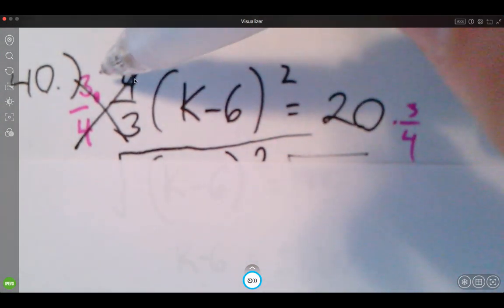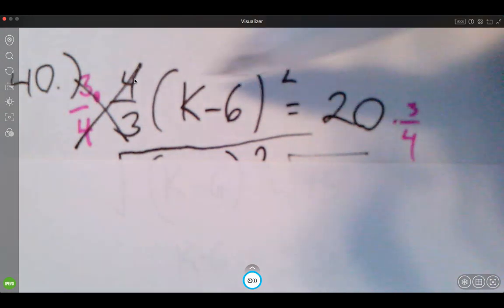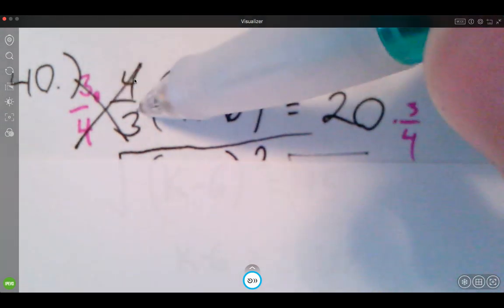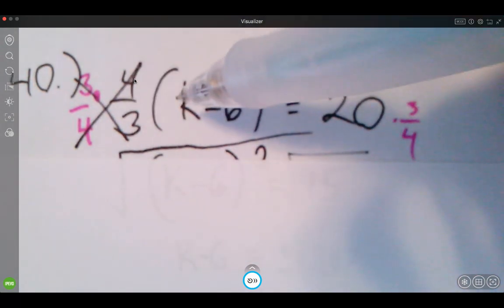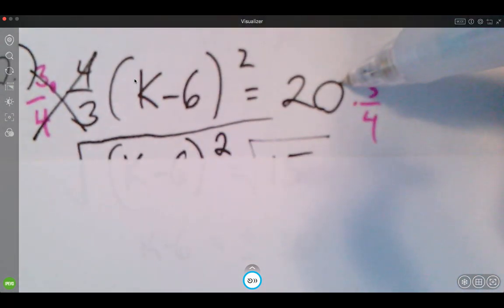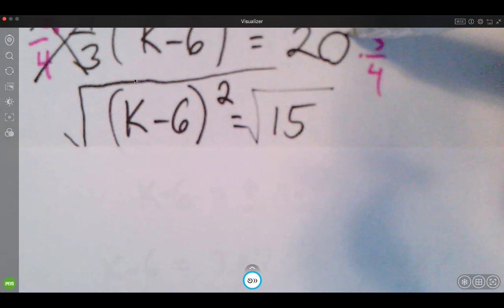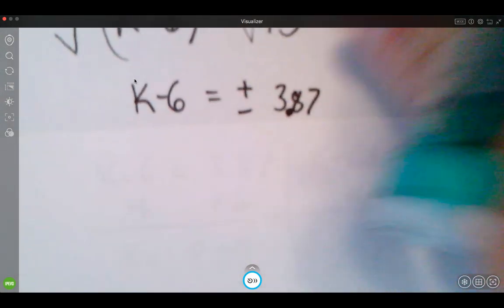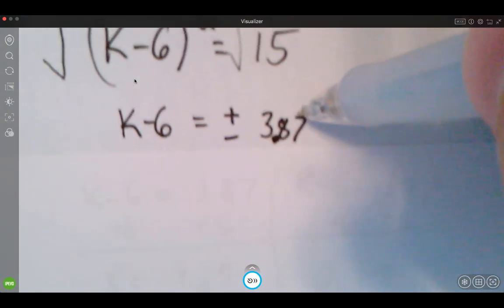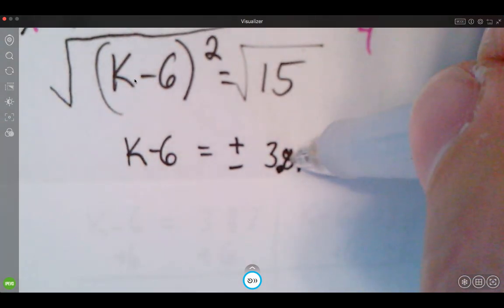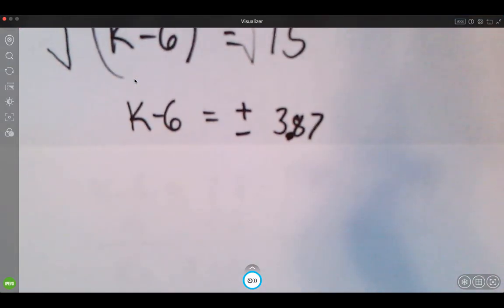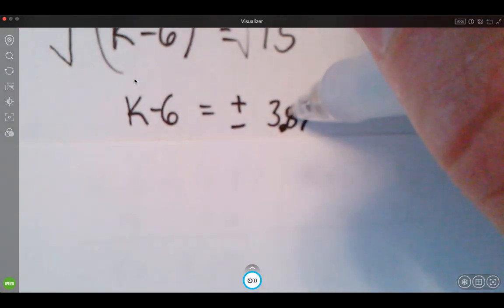Going on here, for number 40, it was Mackenzie that told me to just go straight to multiplying by the reciprocal to clear this 4/3. If you do it to this side, you're left with 15. Then you square root both sides, and you're left with k minus 6 equals plus or minus 3.87.